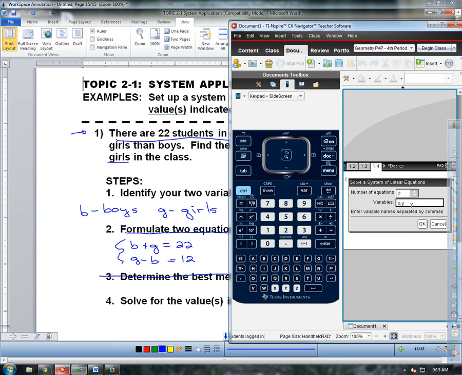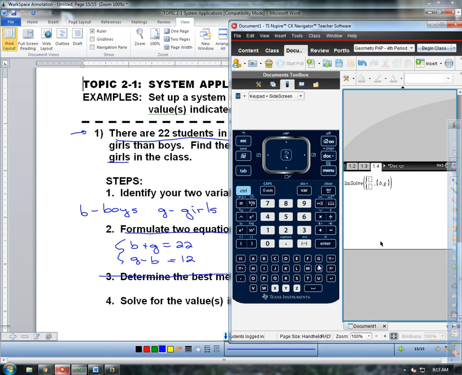This time, my variables are going to be B, comma, G, that way it'll look exactly like what I typed in. Hit OK. So our first one is B plus G is equal to 22. And the second one, G minus B, is equal to 12.